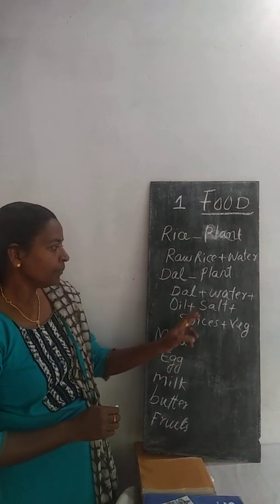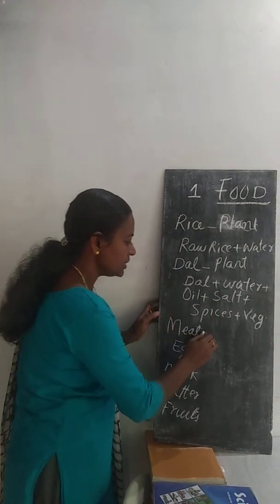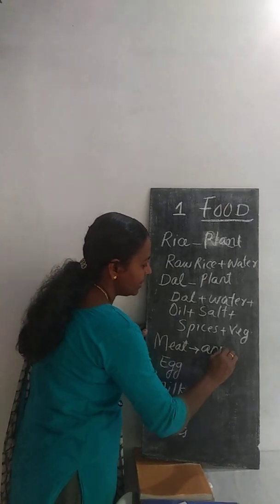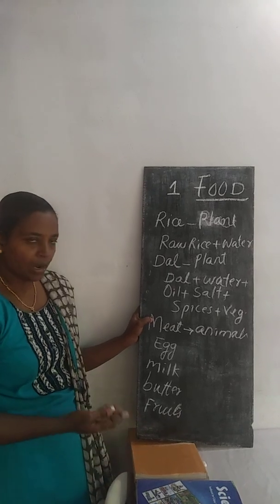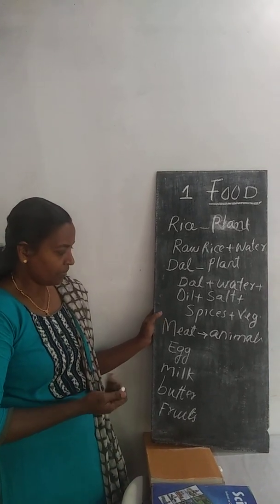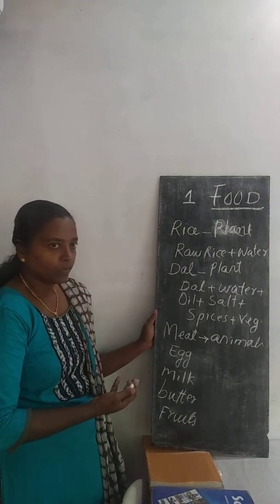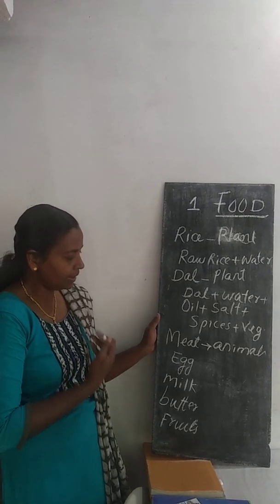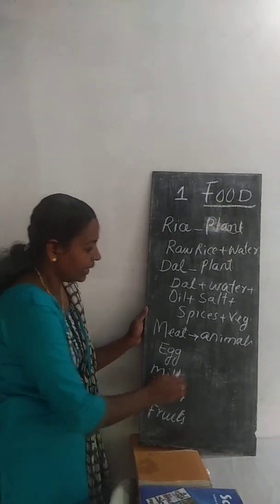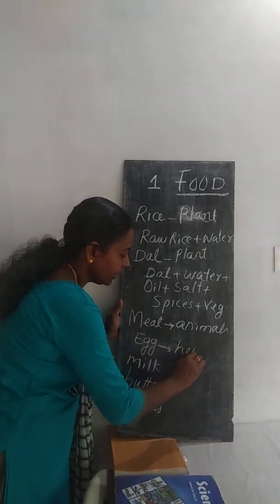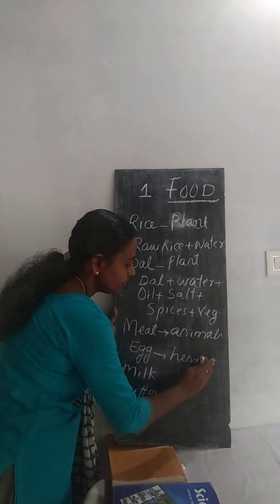Then what about the meat? That is not from a plant, but it is from an animal, right? We can get it from a goat or a buffalo or a hen. We can use different types of meat. Then egg, only from a hen, that is an animal.